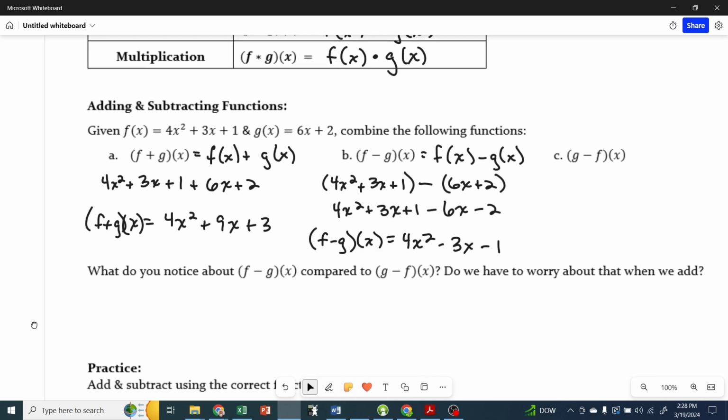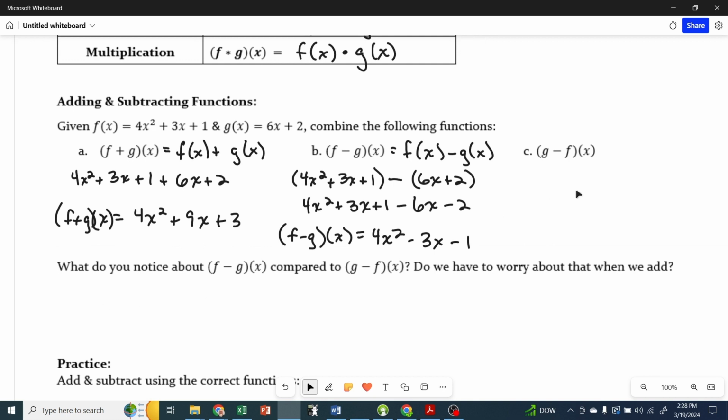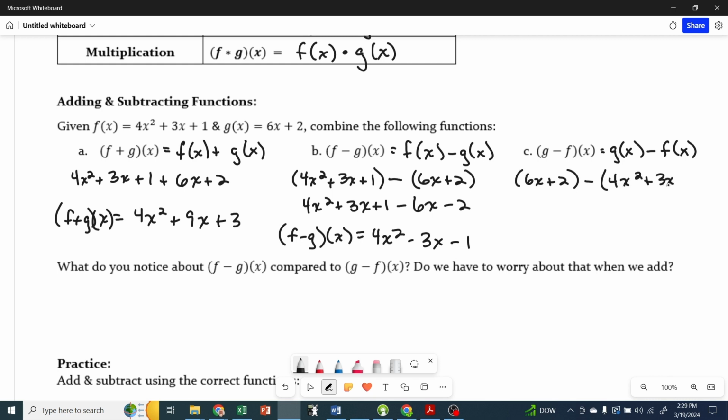Now, what do we get here for g minus f of x? Well, keeping in mind that's equal to g of x minus f of x. So let's follow our procedure and we'll put them in parentheses. 6x plus 2 minus 4x squared plus 3x plus 1. Now you clear your parentheses. 6x plus 2 minus 4x squared, we're going to distribute, right?